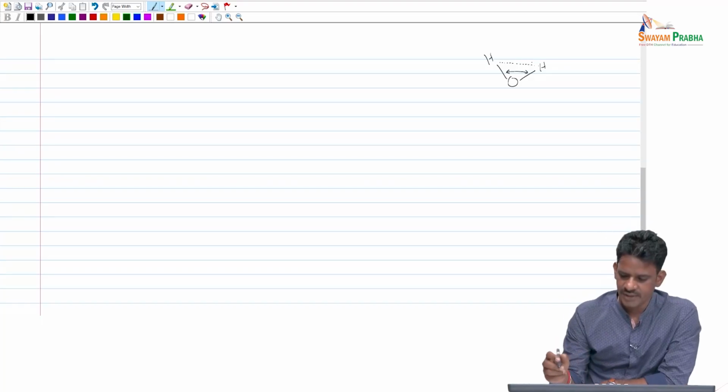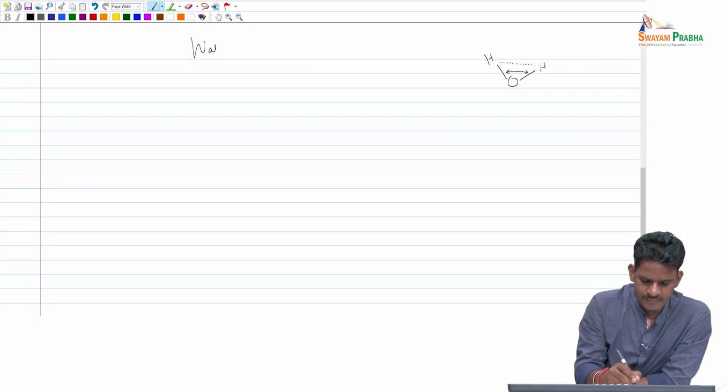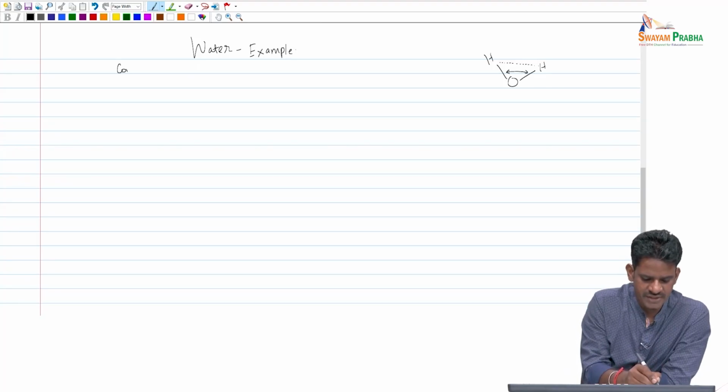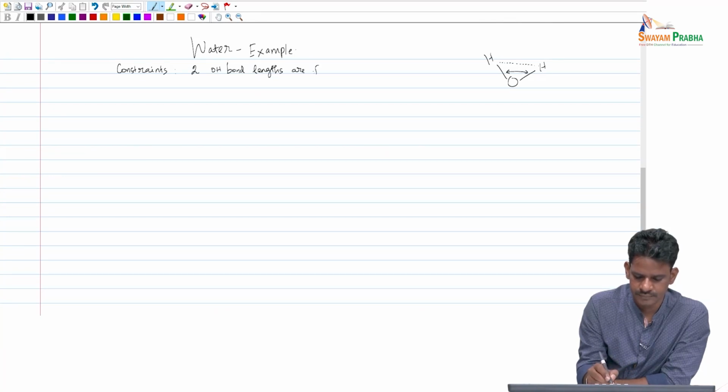So now let us start with water as an example. Here we are going to constrain, the constraints are: the two OH bond lengths are fixed, and the HOH bond angle is also fixed.